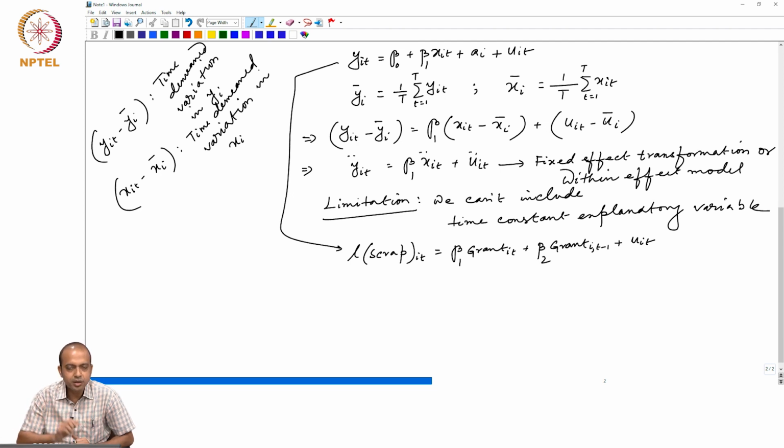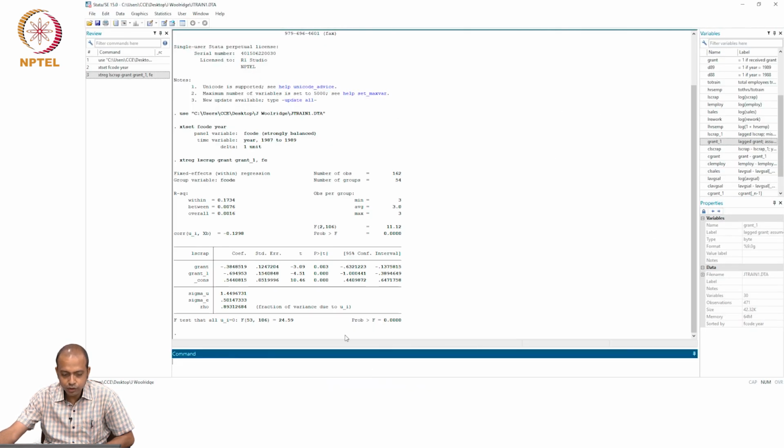Now, if the constant term is not here, how come Stata is reporting a constant here? Look here, there is a constant. So, that means Stata's output is not in accordance with the theoretical model that we set up for the fixed effect transformation. In the fixed effect transformation, there is no constant, but here in Stata there is a constant term.